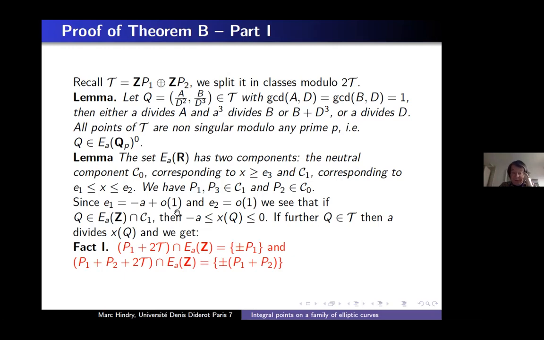Now the two roots E1 and E2, it's elementary, they are almost minus A and almost 0. So this means that an integral value has to be between minus A and 0. But if it's divisible by A, then it is minus A or 0. That means it's one of the trivial points. So that's the proof of this part.